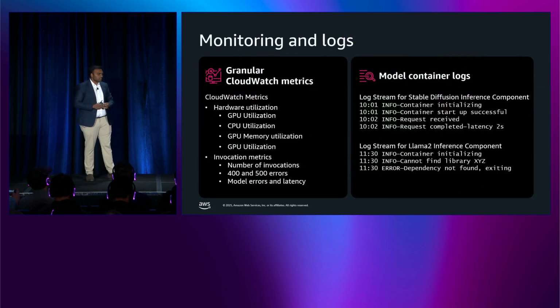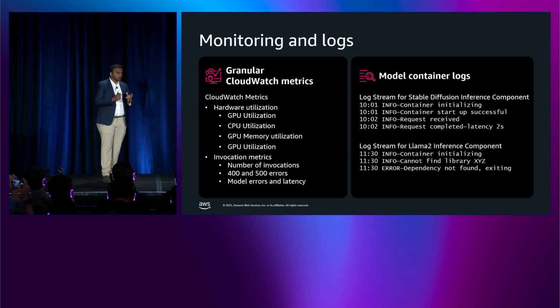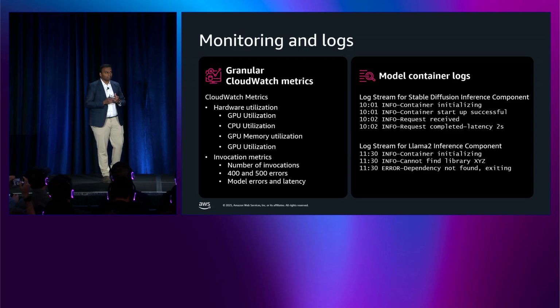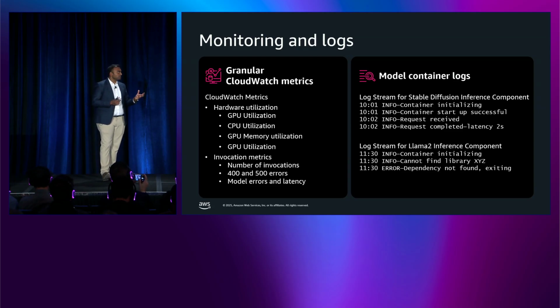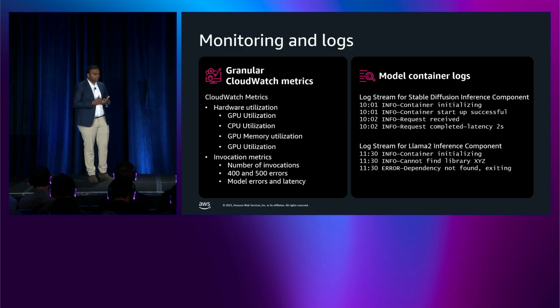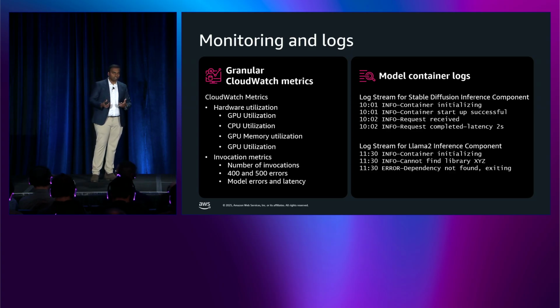Another thing is that the way you know you're maximizing GPU utilization is by having an observability stack. So we built an observability stack into SageMaker that tracks per-instance GPU metrics. For every GPU that is there, what is the level of utilization, what is the CPU level of utilization.